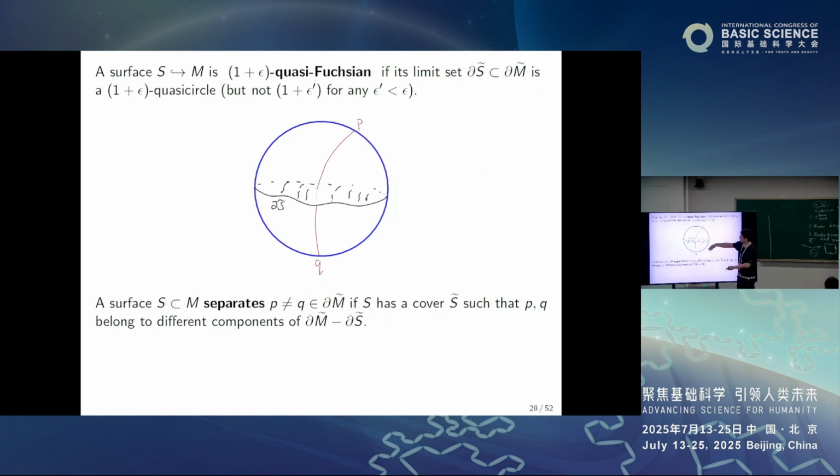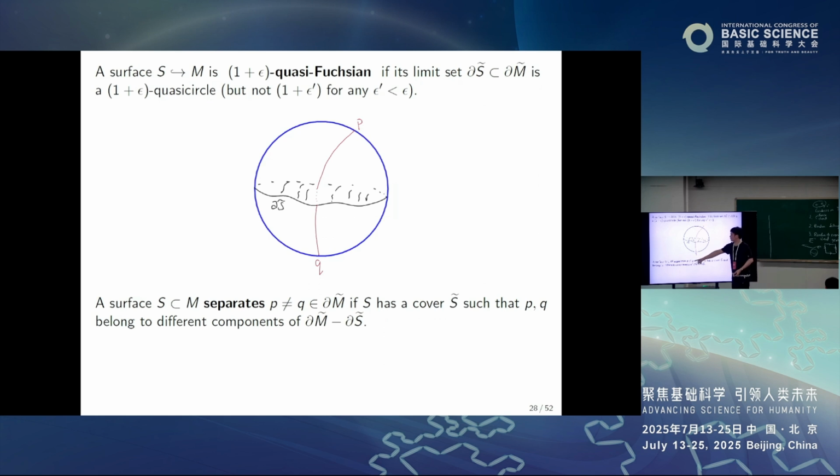Okay. Look at the cover of my surface. So in this case, it's a disk, because the surface's universal cover is a disk. And then the disk may be sitting in my manifold, not in a perfect way. It's not totally geodesic. It's curvy, right? So it's not an isometric copy of H2, but it's curvy, where you have some curvature.